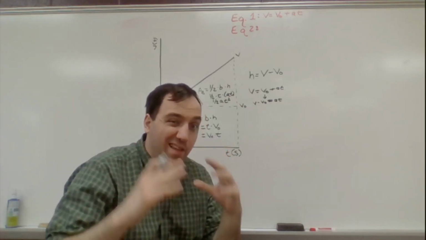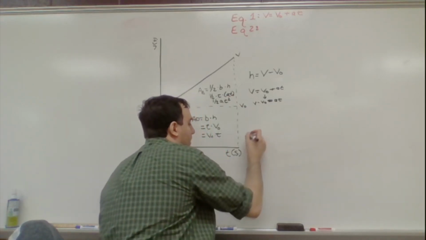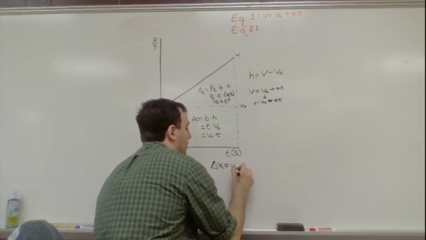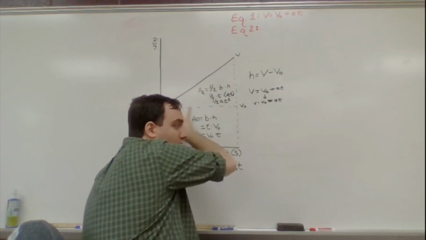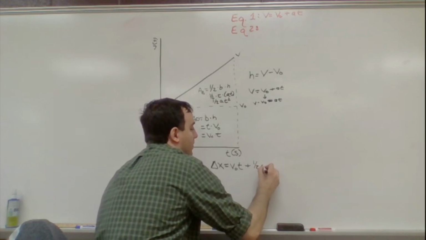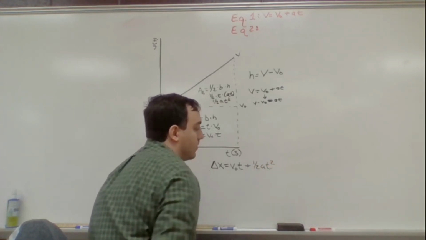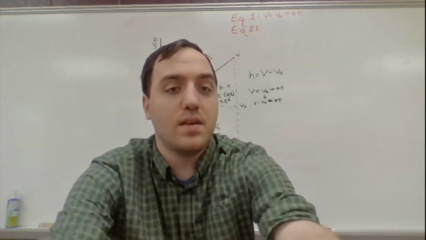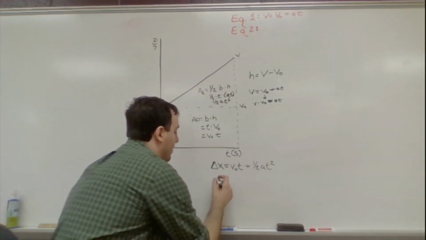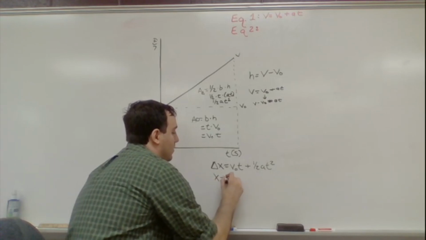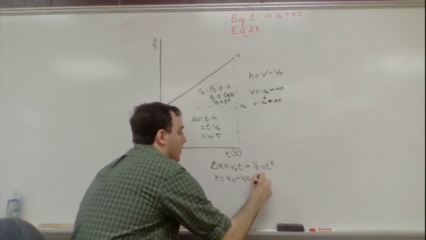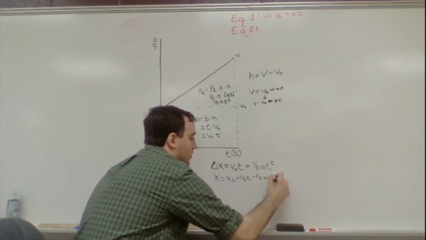Put all that together, and you're going to get delta x equals v naught t, which is the area of your rectangle, plus 1/2 at squared. For the AP exam, the way they write this on the equation sheet is they break the delta x up. x equals x naught plus v naught t plus 1/2 at squared.